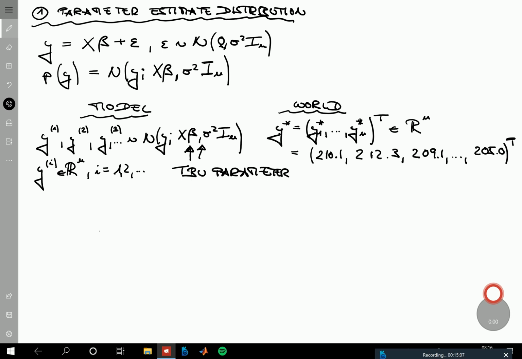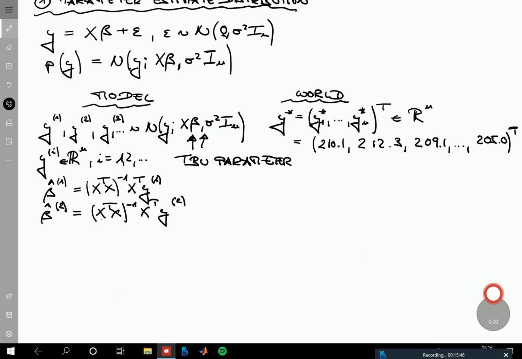Now, if you are on the side of the model, you can think that if you have the first realization you can draw from the model, you can of course compute a better parameter estimate based on this first realization. Now you again draw a sample from the GLM, and you use this sample to compute again a better parameter estimate realization.